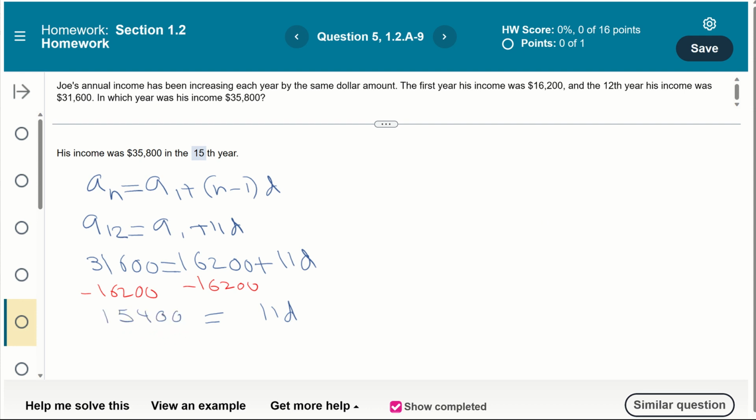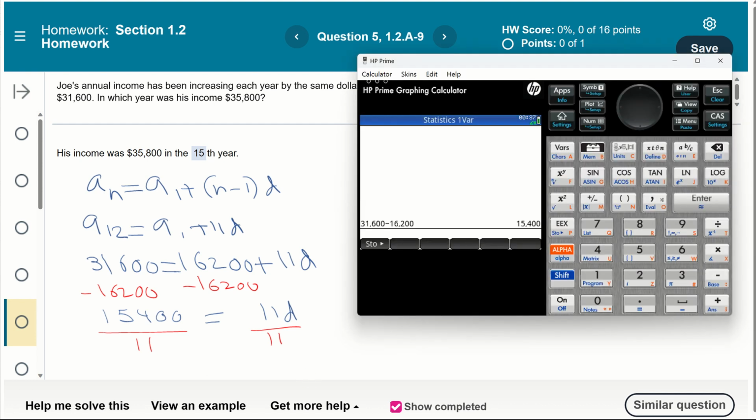is equal to 11D. And now all we have to do is divide both sides by 11 to get our common difference. That means the amount that is being added each year, the same amount, right? So we're going to take that previous result and divide it by 11.